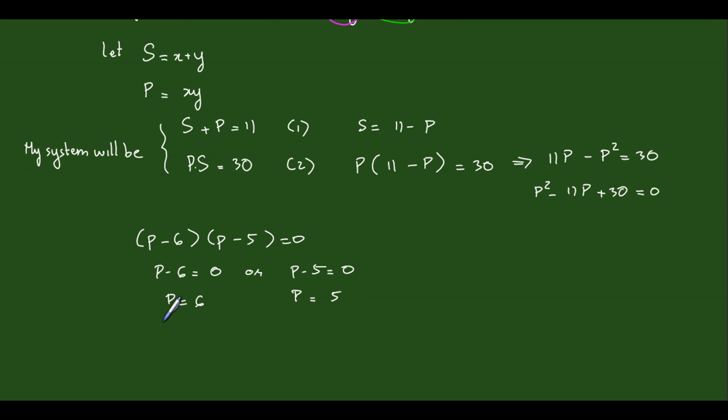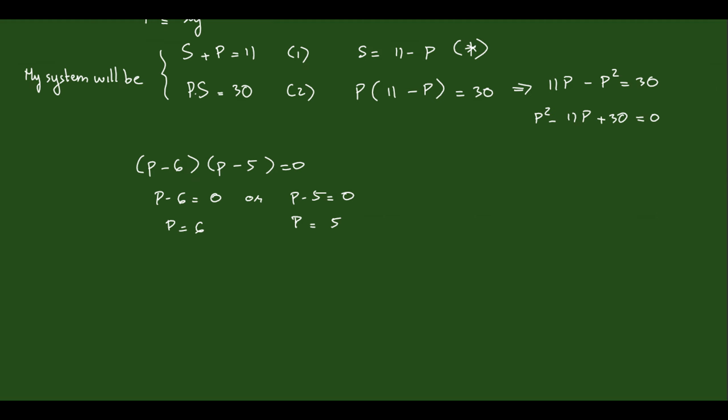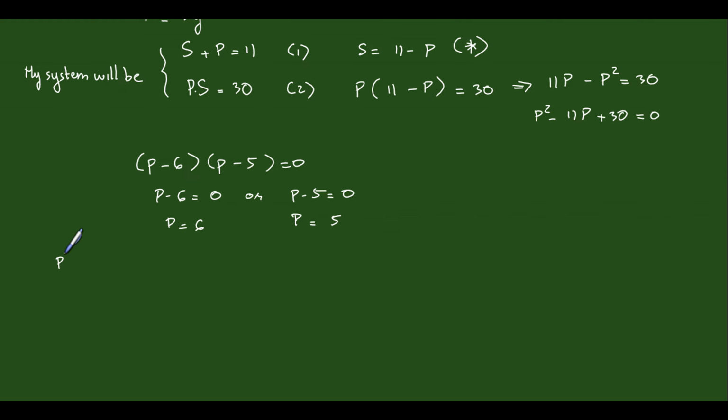And if p equals 6, then you plug it back into the equation I'm going to call the star equation. After you plug p in, what does s become?